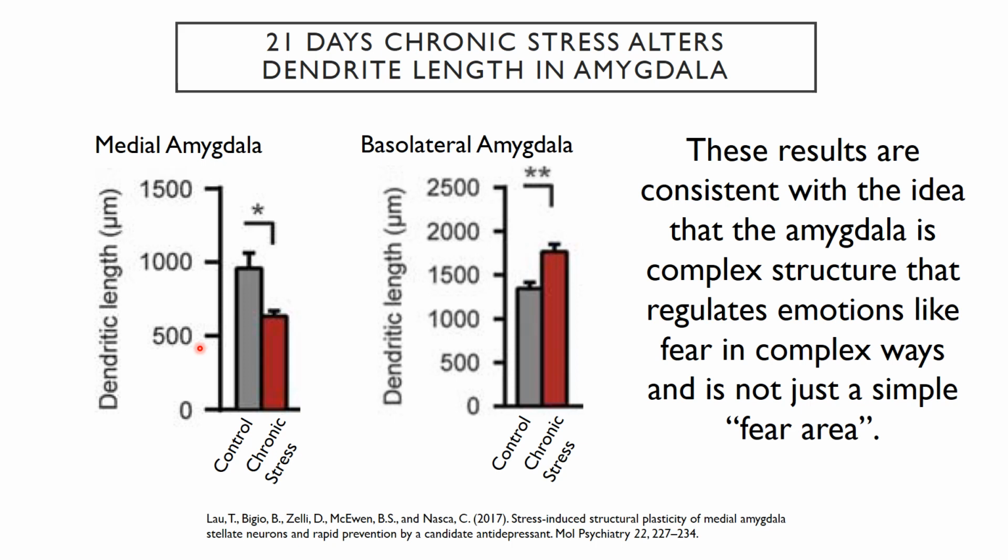And that's what the previous experiment shows, with the increased activity in the amygdala being associated with less fear and with greater resilience to fear. And in this case, we see very different kinds of responses in the structures of neurons getting smaller or larger, depending upon which part of the amygdala you're looking at, in the same animals that are getting chronic stress. So the amygdala is amazing, and it's complex.